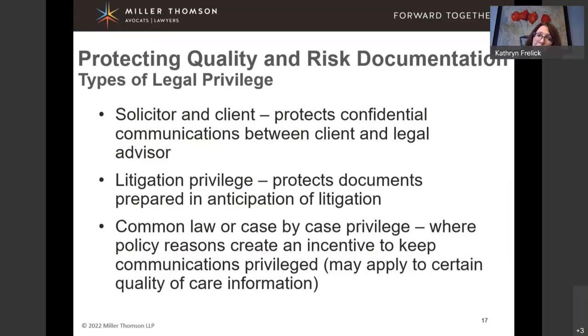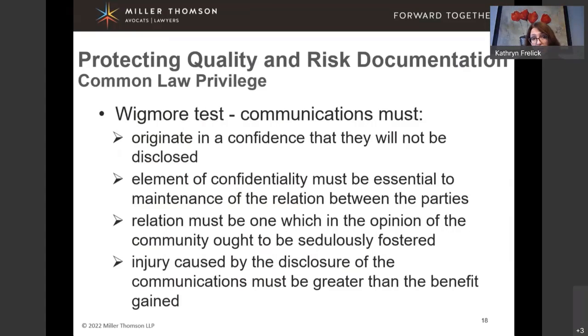And then finally, the last kind of privilege is sometimes referred to as common law or case-by-case privilege. And this applies where there are policy reasons that create an incentive to keep communications privileged. It may apply to quality of care information.